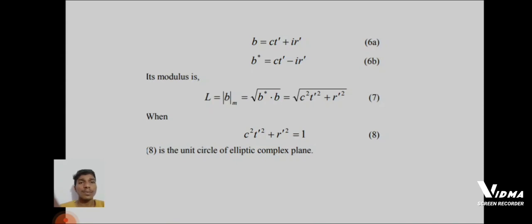The modulus of B, suffix m, equals the square root of B star into B, where B star is the complex conjugate of B, which equals the square root of c square t dash square plus r dash square, which is equation 7. When c square t dash square plus r dash square equals 1, it is the unit circle of an elliptical complex plane. This eighth equation shows the circle in the elliptical complex plane.